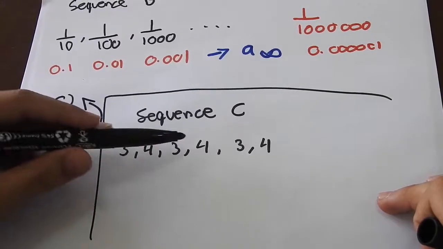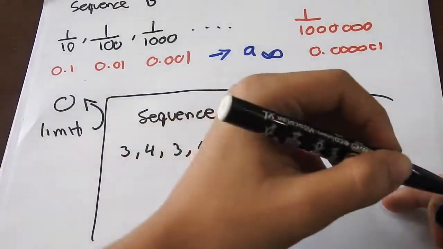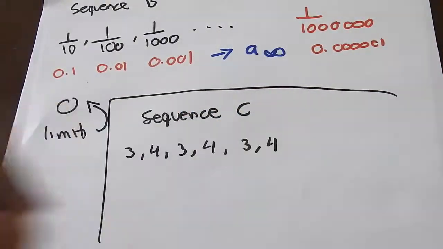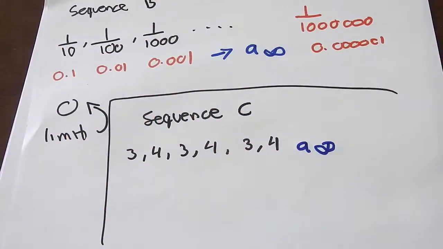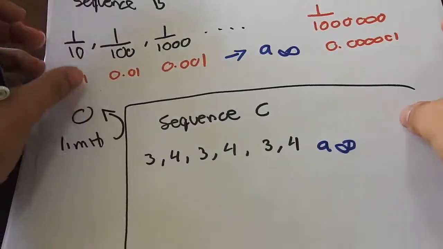So what happens if I increase the sequence up to an infinity term? If I keep increasing the values, I'm just gonna get more 3s and 4s. So we can observe that it's not going to a specific value. It's alternating between values. The sequence is divergent, therefore the limit does not exist.